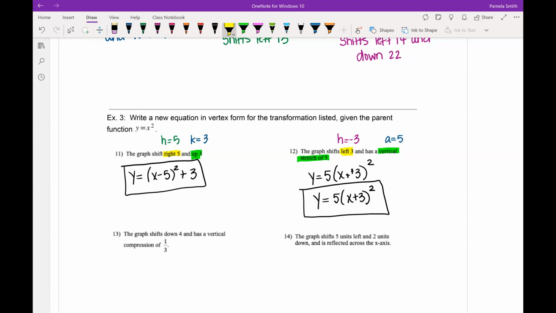Number 13, the graph shifts down 4 and has a vertical compression of 1/3. So down 4 means that k equals -4. Vertical compression of 1/3 means that a equals 1/3.